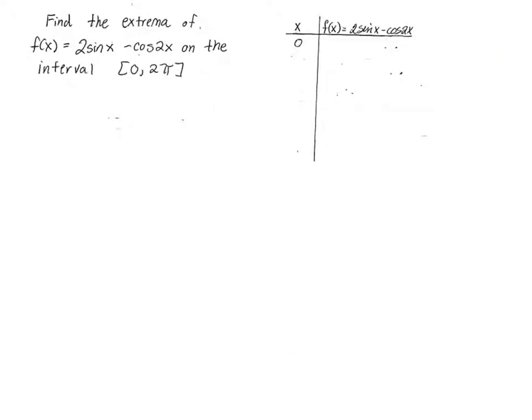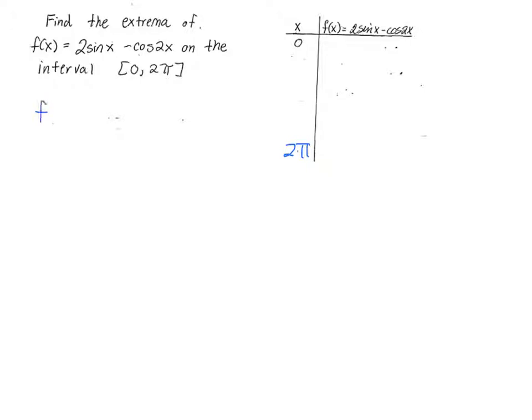And we can't end our calculus fun day without doing some trig. So we are going to find the extrema of 2 sine x minus cosine 2x on the interval 0 to 2 pi. So I'm going to take a 2 pi and put it at the very bottom of my table. And I am going to need to take a derivative of that function to find my critical points.